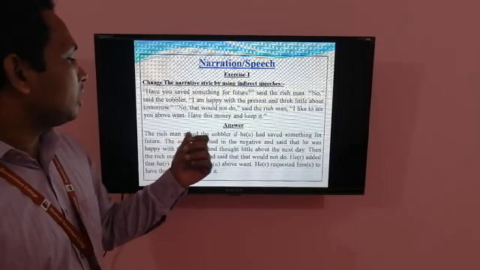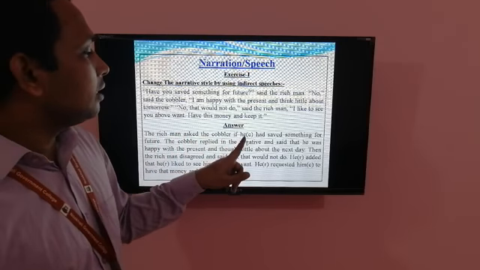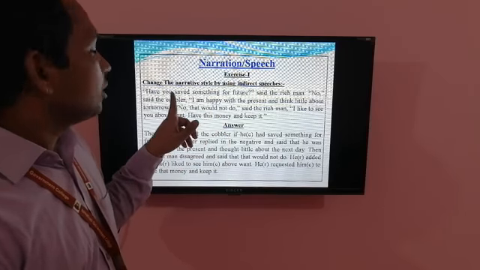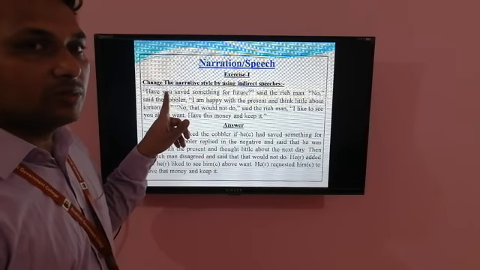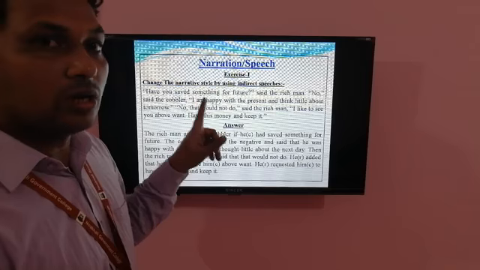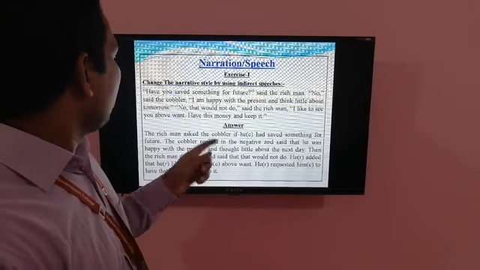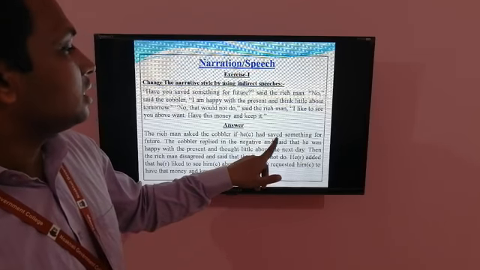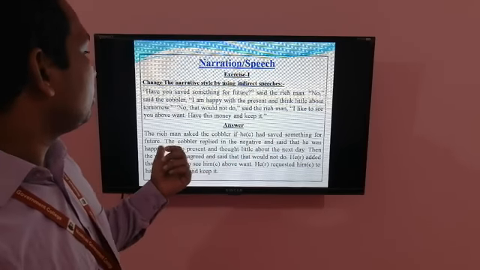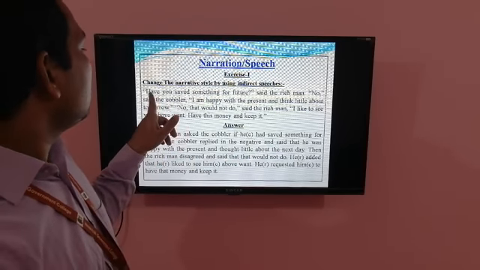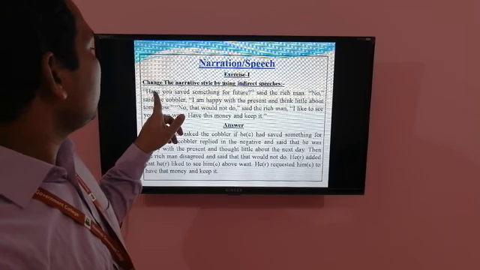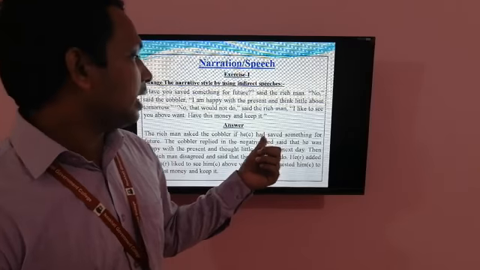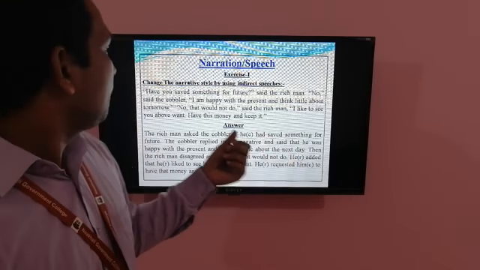So the rich man asks the cobbler if he, look at the subject, "you" means second person. Second person changes according to the object. Remember this. The rich man asked the cobbler if he had saved something for future. See, the sentence is in present indefinite form. That's why we have changed it into past indefinite form. Had saved.